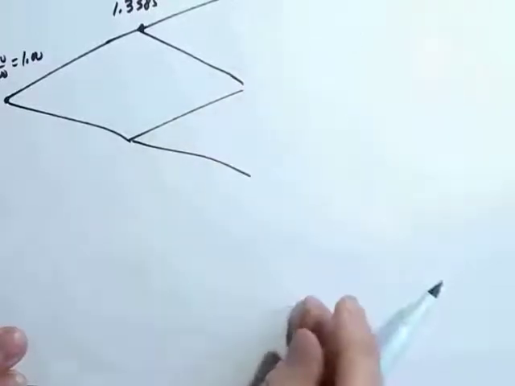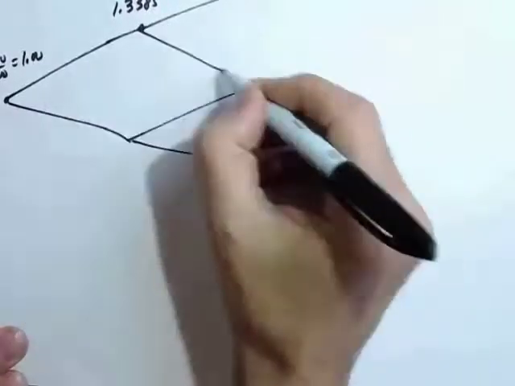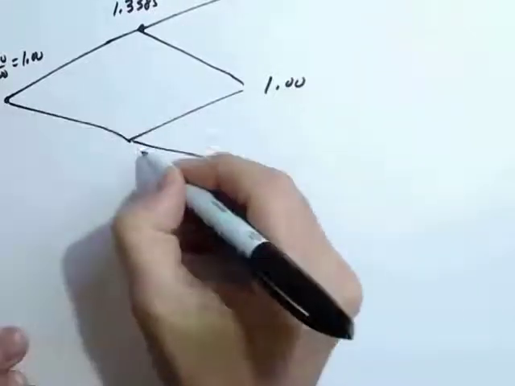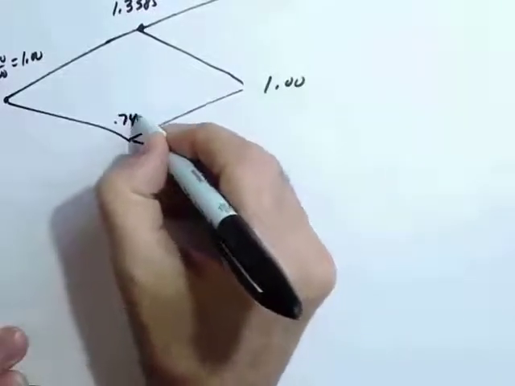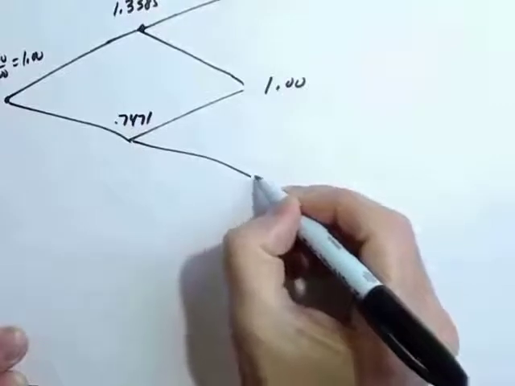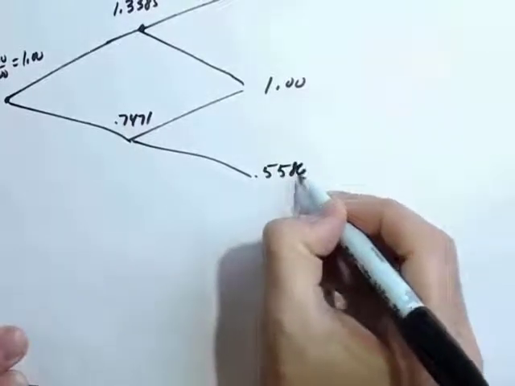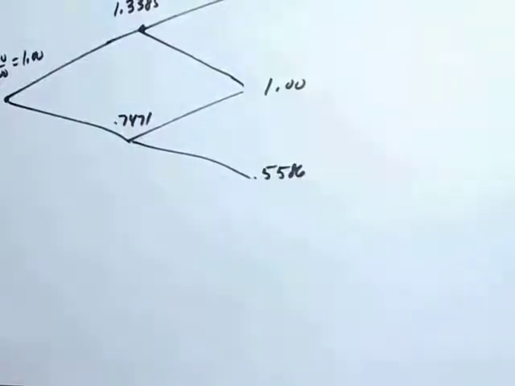If you go down, this will be 1, and if you go down, you go to 0.7471, go down again, 0.5586. So this is the relativeness of these two stocks and how they're moving.